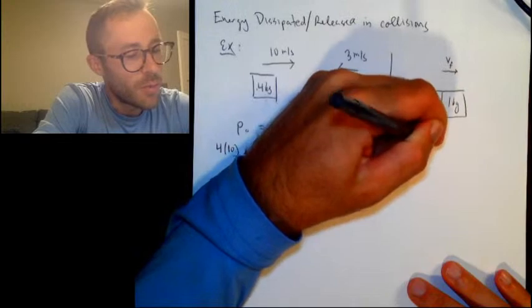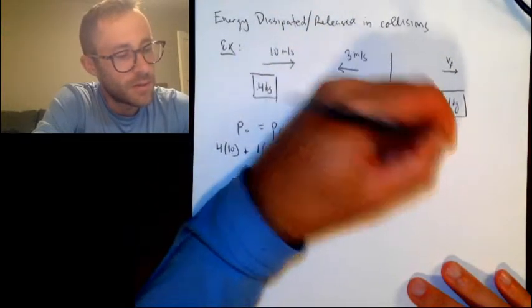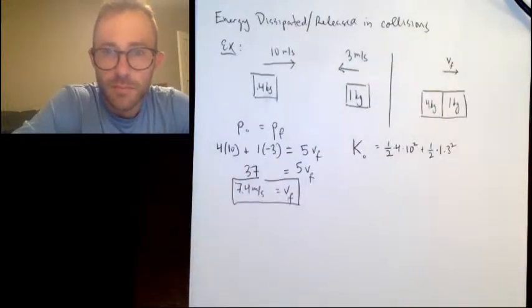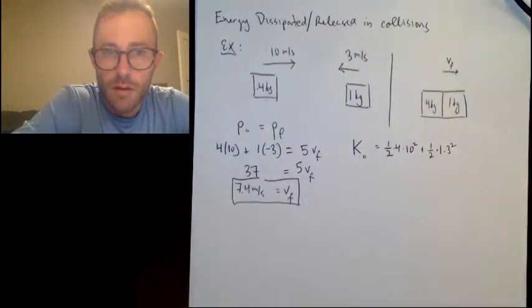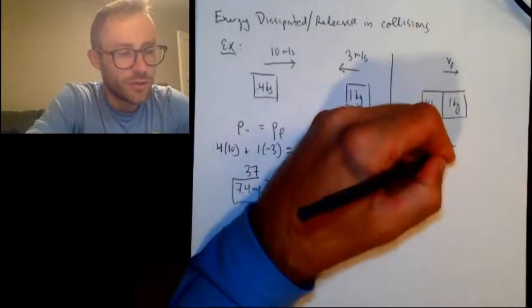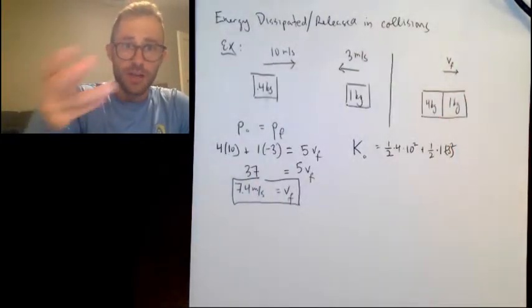And then we have 1/2 times 1 times 3 squared. Actually, this should be -3 squared, but because we square it, the negative goes away.